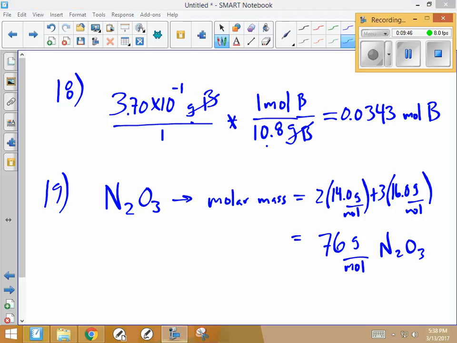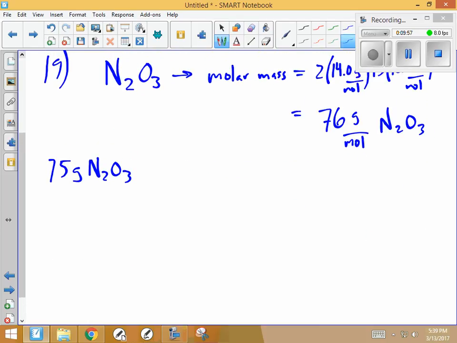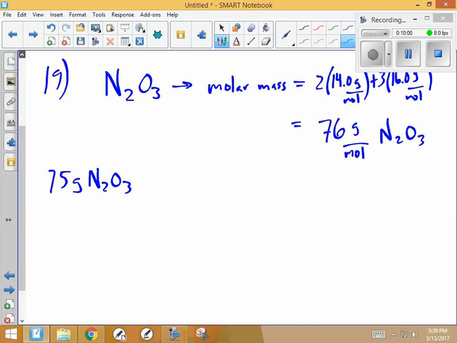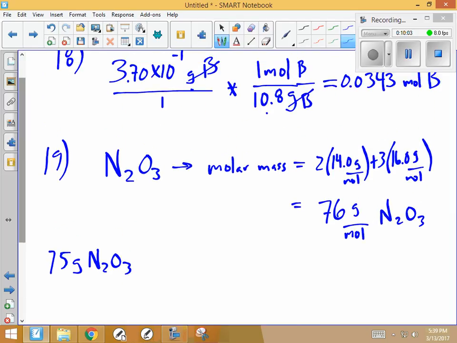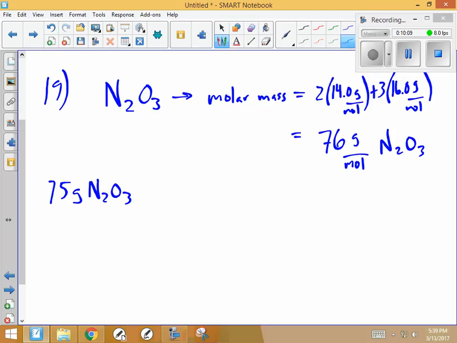Now, we're told that we're starting off with 75 grams of N2O3. Put it over 1 so I can remember I'm dealing with fractions. Now, I need to find how many moles of N2O3 I have, and to do that, I need to multiply by a conversion factor.